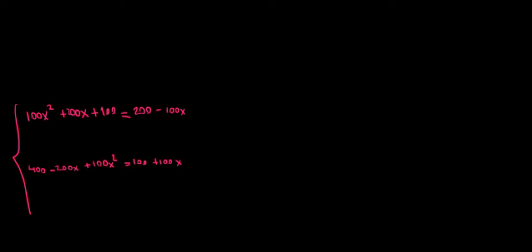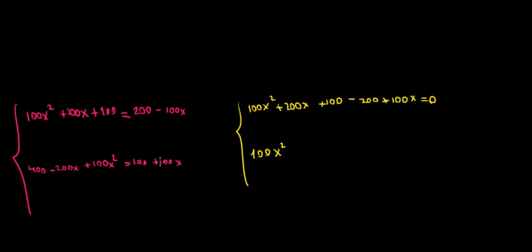Let's change colors here. So we would have now 100x^2 + 200x + 100 - 200 + 100x = 0. And here we would have 100x^2 - 200x + 400 - 100 - 100x = 0.